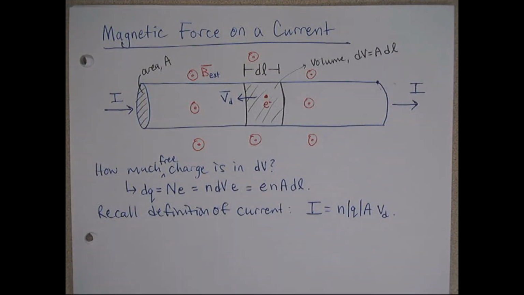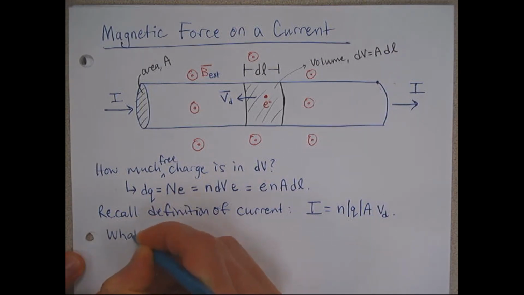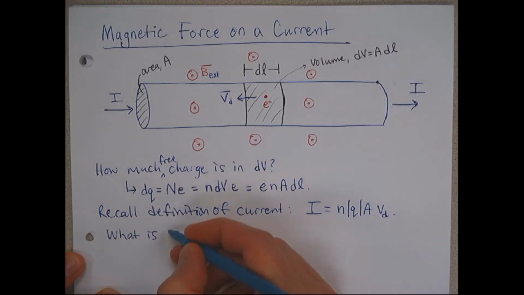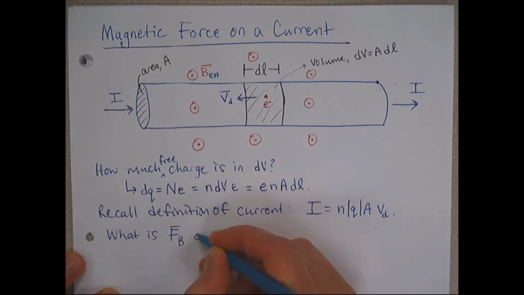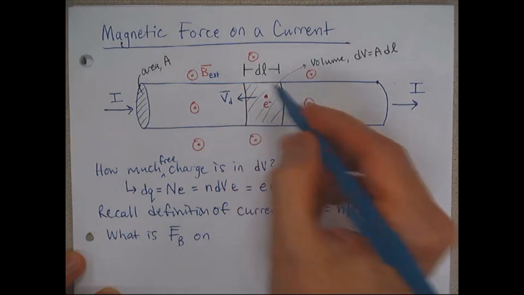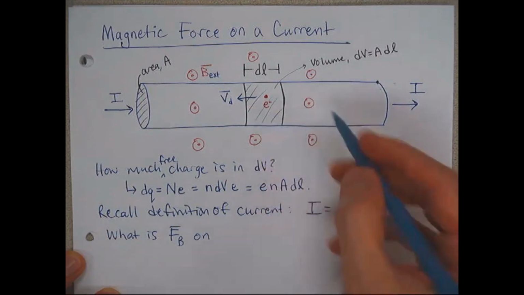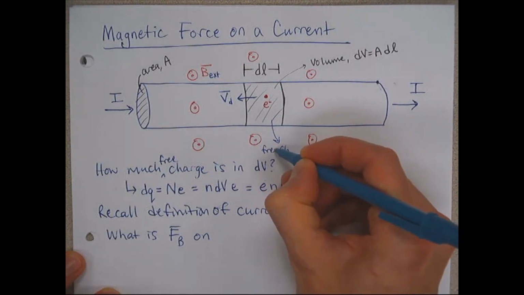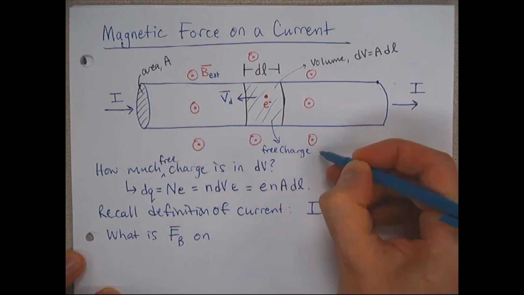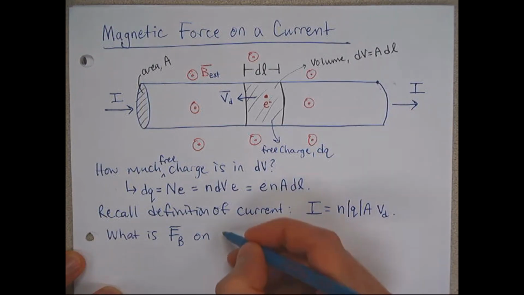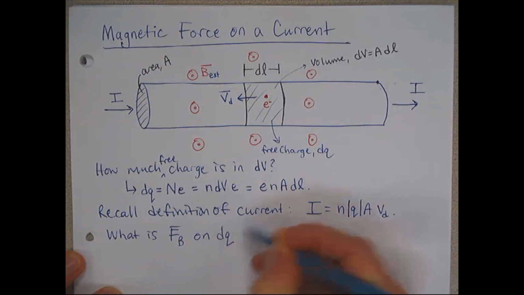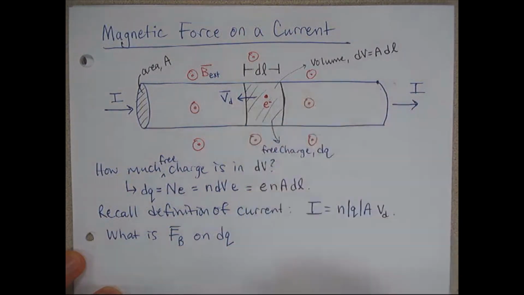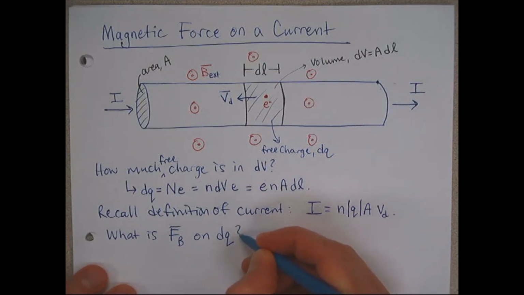Now we can ask, what is the magnetic force on the amount of free charge, dq, moving to the left with velocity vd?